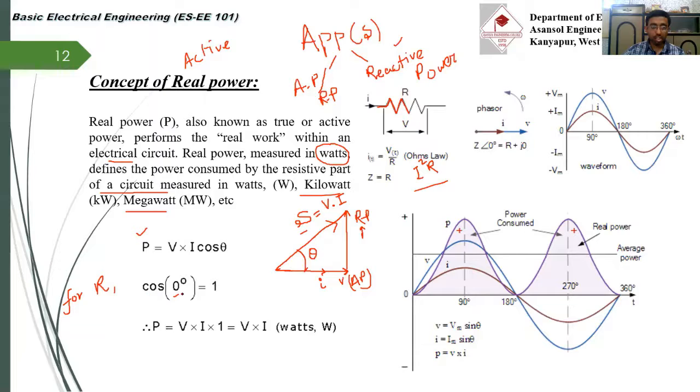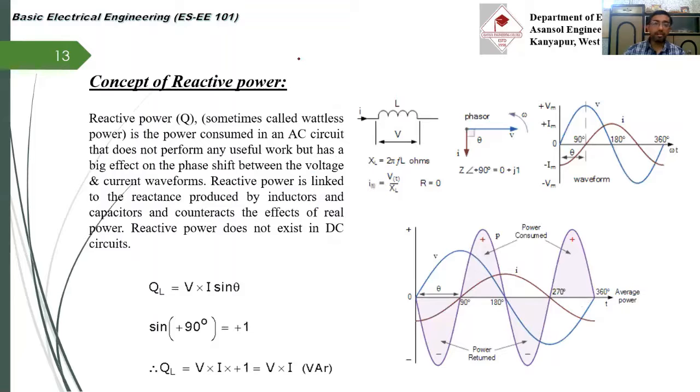So cos 0 degree is 1. So our P will be equal to V into I. Correct? Now this is the power waveform for an AC circuit. You can see it. This is our active power consumption.